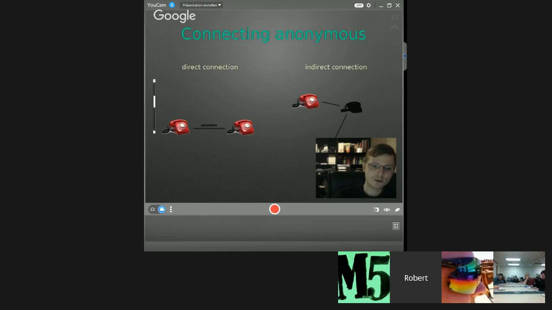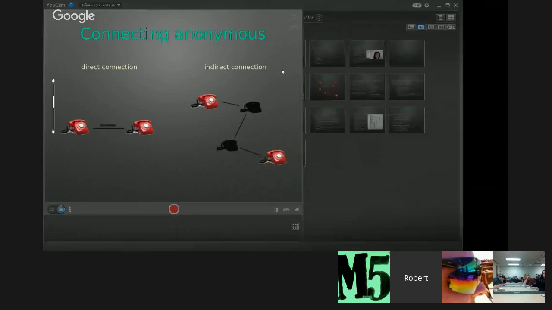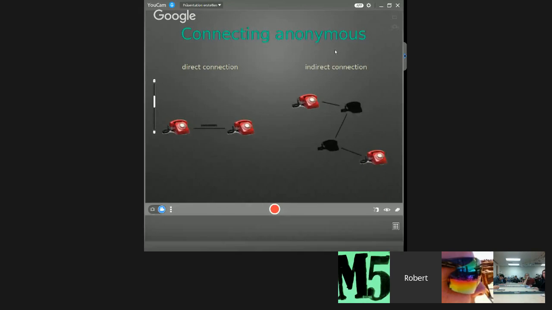So Voptop tries to build indirect connections and tries to route the connection through other peers and anonymize the connection in this way.